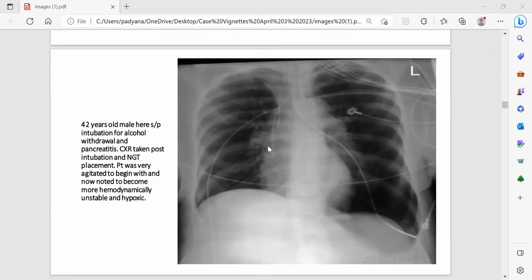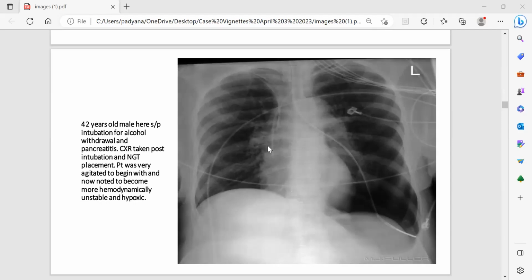Somebody can read this one. Pancreatitis patient. The patient is hypoxic, so there could be many reasons. So maybe just read everything in this patient.